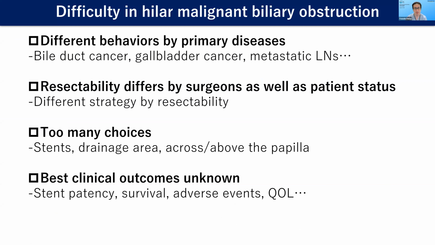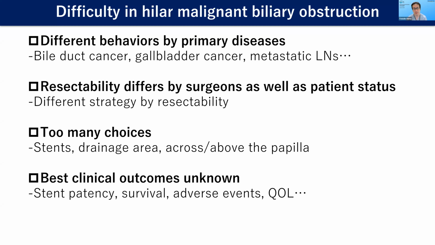Basically, most higher biliary strictures are malignant diseases, and it is difficult to manage those patients with higher malignant biliary obstruction because there are so many tumors causing higher biliary stricture, like cholangiocarcinoma, gallbladder cancer, and also metastatic lymph nodes from gastric cancer or colon cancer.